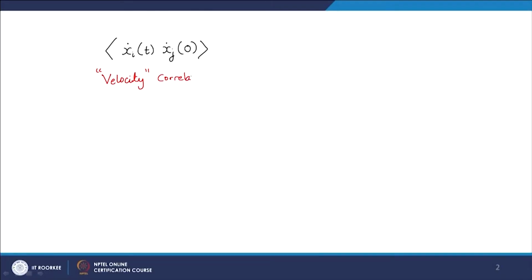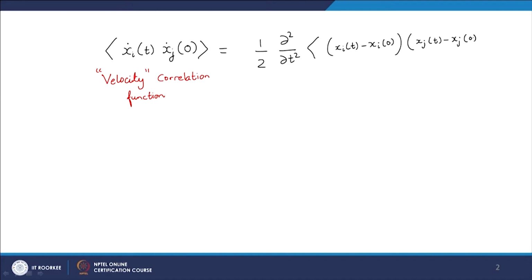Velocity correlation function, which I can write as half of the second derivative of the displacement correlation function.